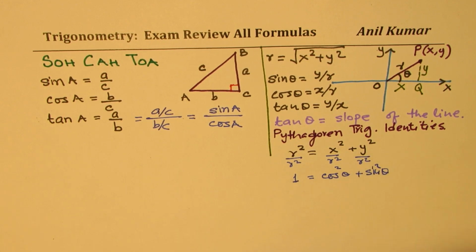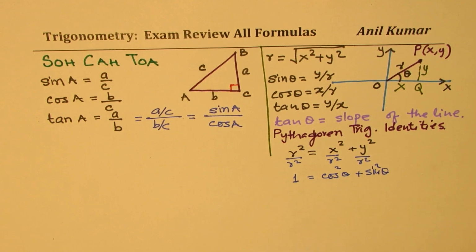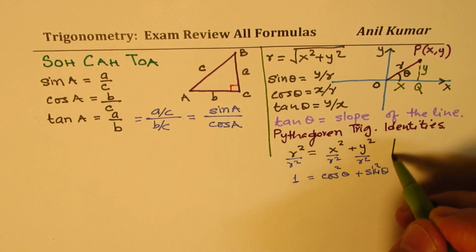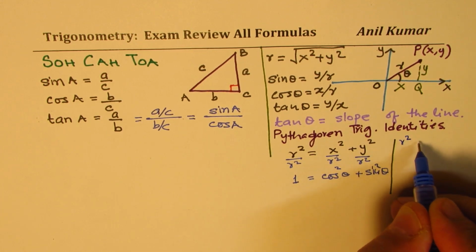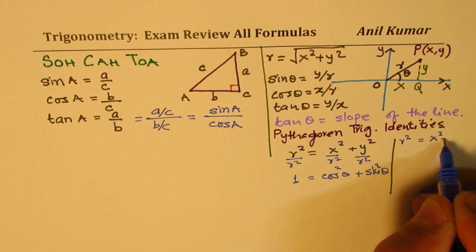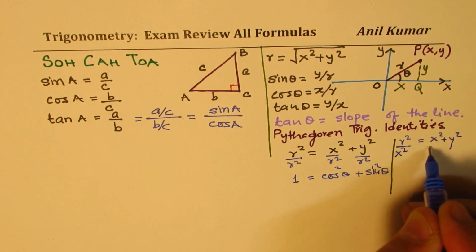Perfect. Now we could do something like this. We have r square equals x square plus y square. We could divide everything by x square, for example.